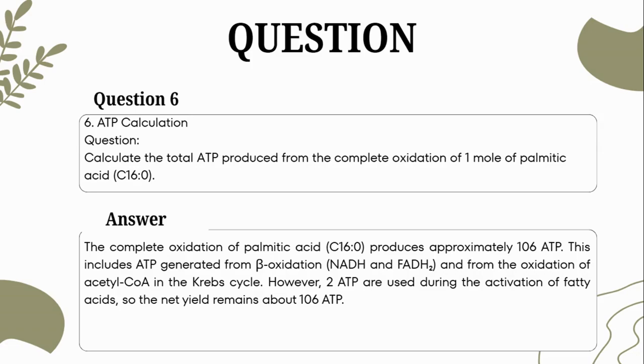This includes ATP generated from beta oxidation, or NADH and FADH2, and from the oxidation of acetyl-CoA in the Krebs cycle. However, 2 ATP are used during the activation of fatty acids, so the net yield remains about 106 ATP.